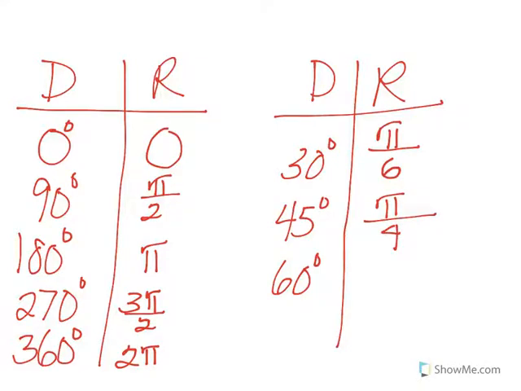Similarly, 60 degrees is really 180 degrees divided by 3, and 180 degrees is really pi radians. So our 60 degrees is pi over 3, right?